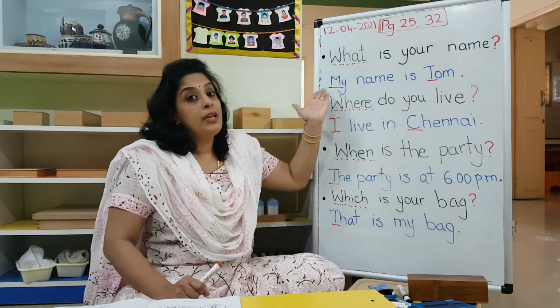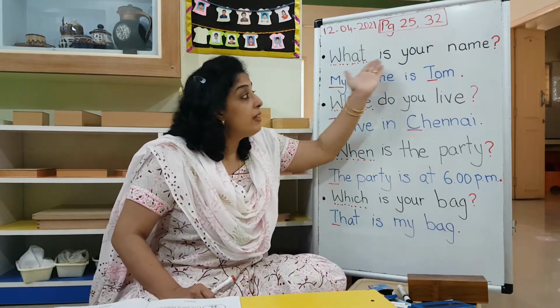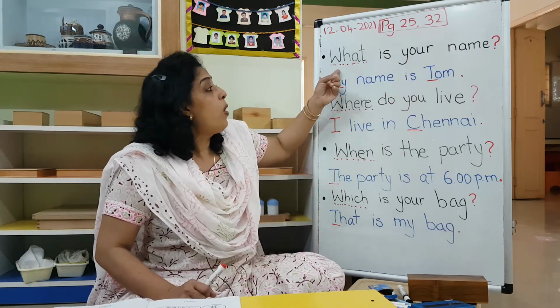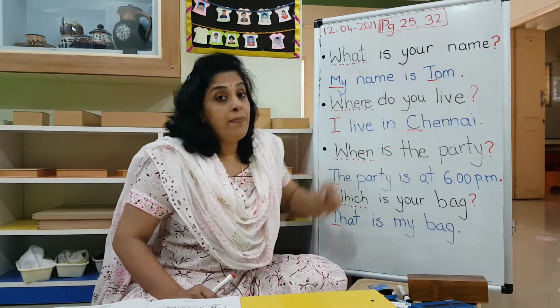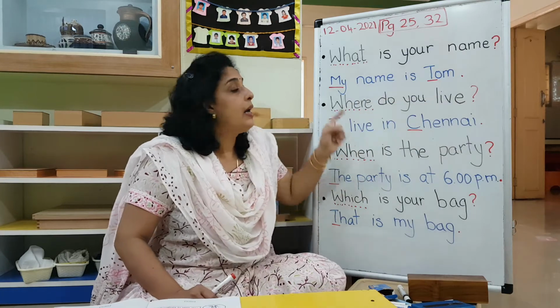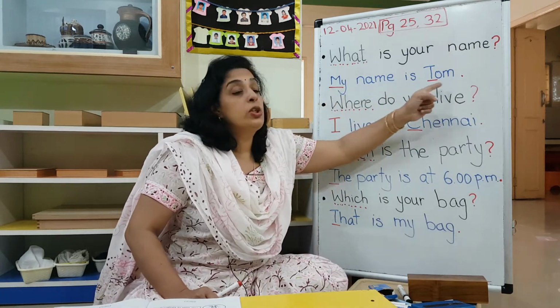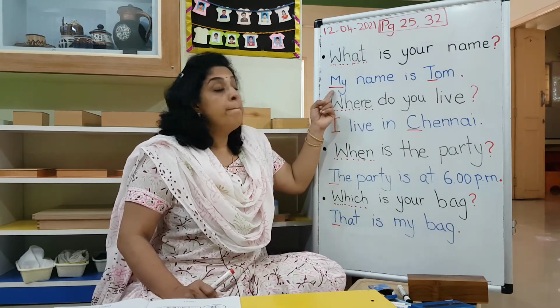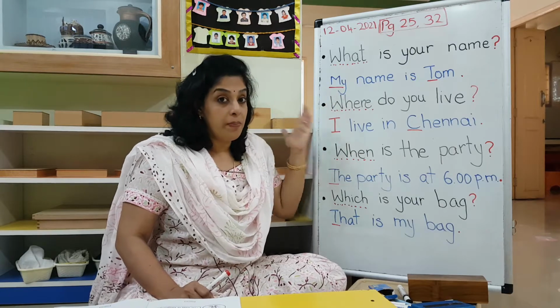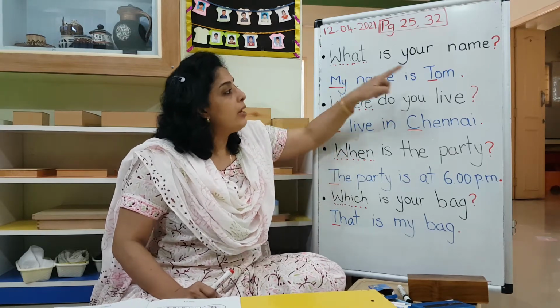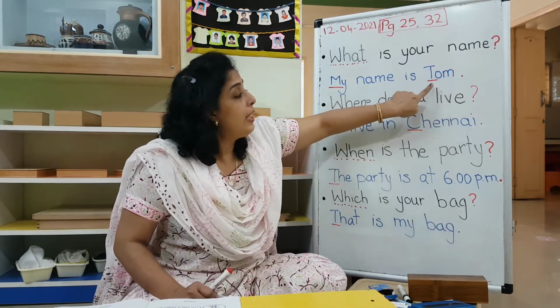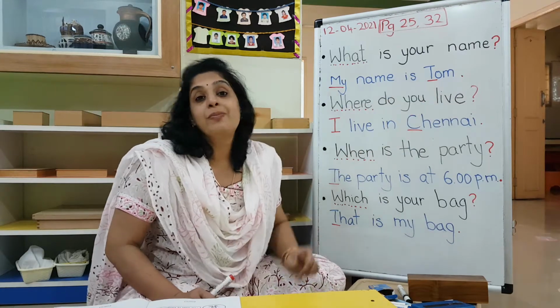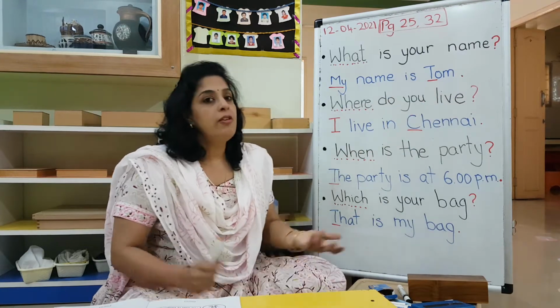Now let's look into this answer for this interrogative sentence. What is your name? Question mark. My name is Tom. Has to be capital because it is the beginning of the sentence, and a full stop in the end. And you see, names always begin with a capital letter. This you are all familiar with.